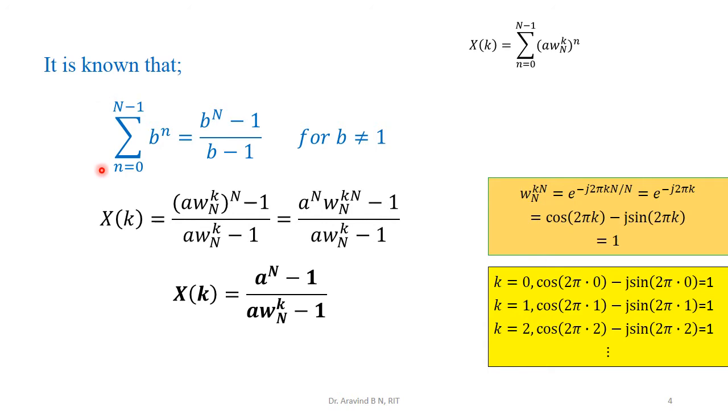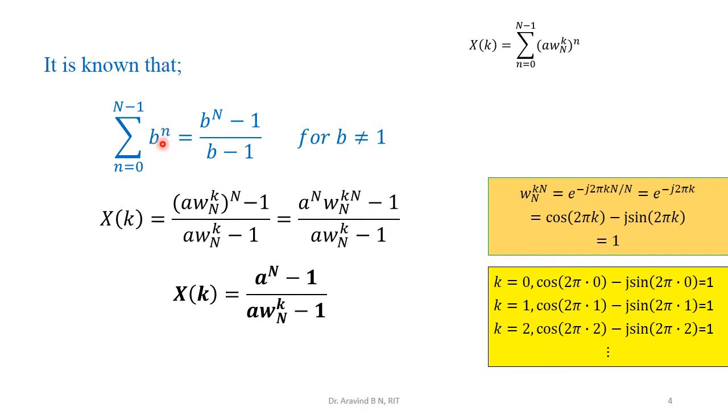In mathematics, we have a standard result: summation n is equal to 0 to N minus 1 of b to the power of n is equal to b to the power of capital N minus 1 divided by b minus 1, for b not equal to 1.